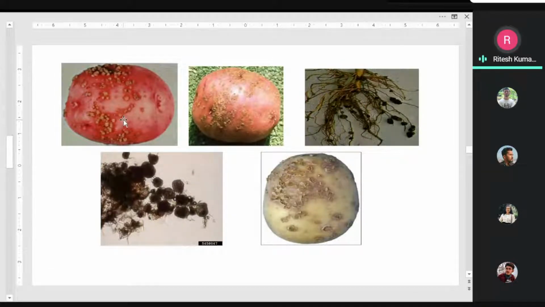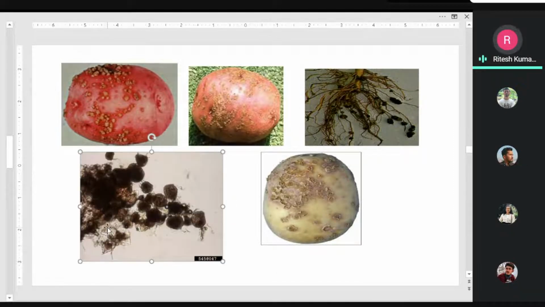Right? And they are filled with these cystosori. These are resting spores of Spongospora. So these are known as cystosorus.